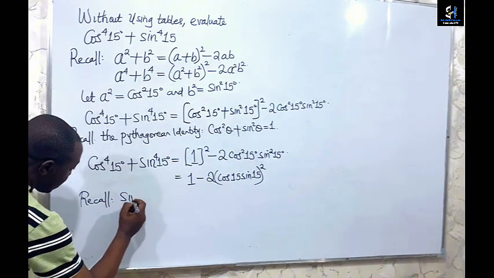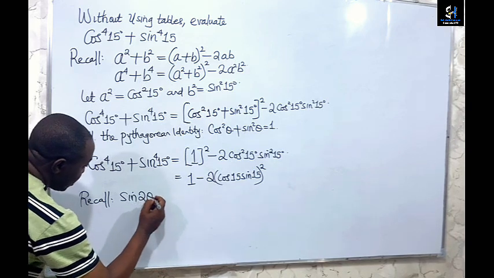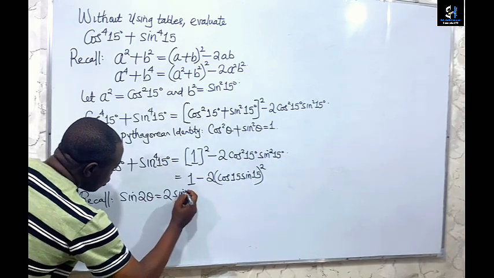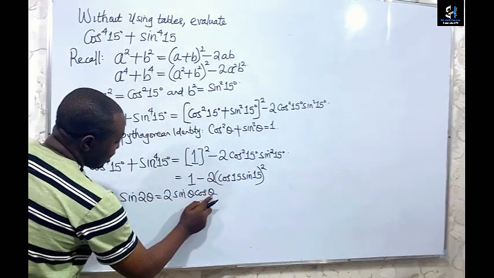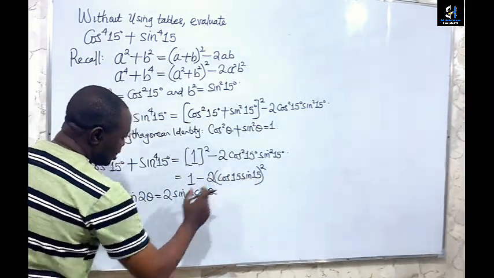We know that if we have sine 2 theta, this will be equal to 2 sine theta cos theta, where theta is 15 degrees in this case.